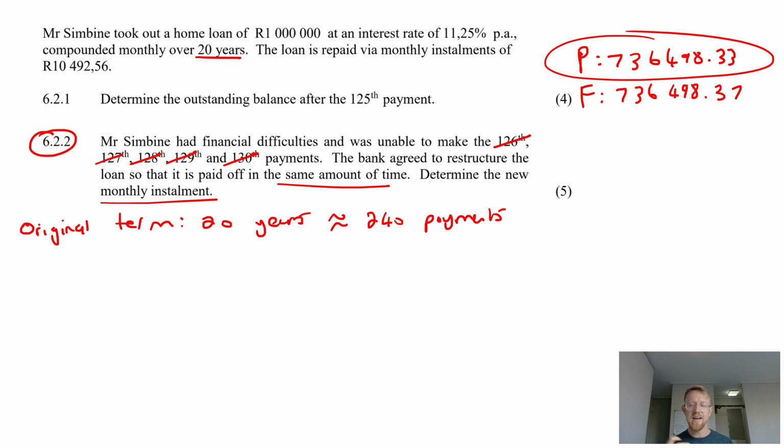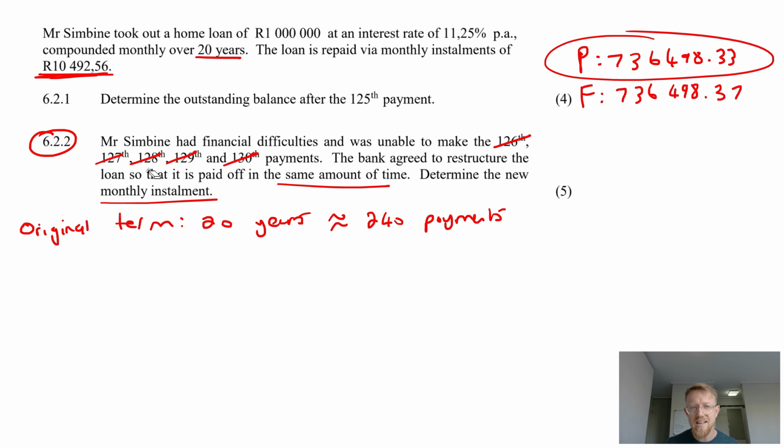Well, what the bank does is they restructure everything and increase the monthly installment a little bit, so that he will be able to catch up those 5 payments that he missed. They're going to restructure everything so that his monthly installment goes up a little bit, so that by the time 20 years is complete, he has paid off the entire loan.